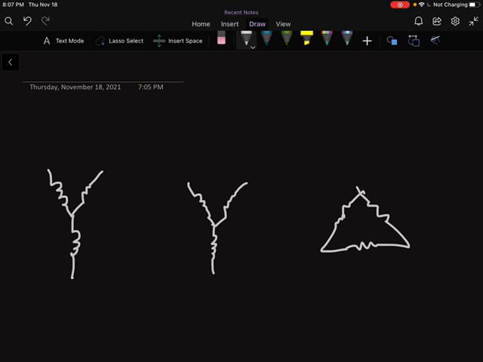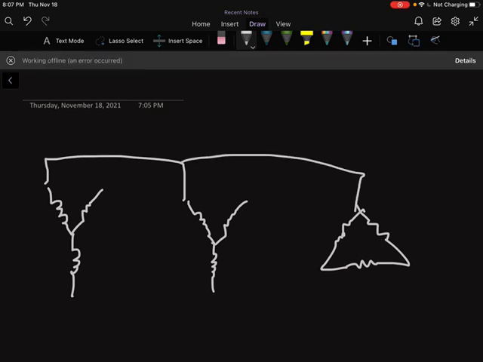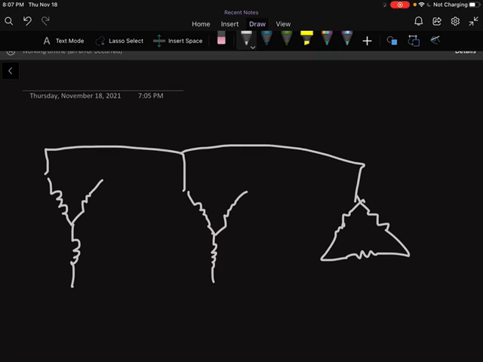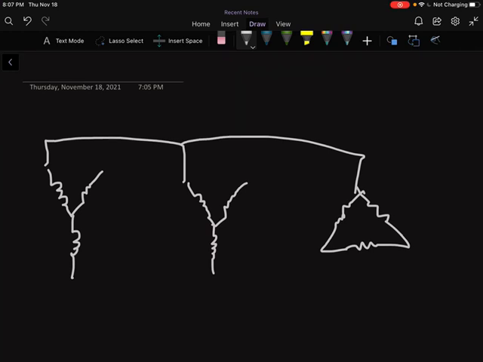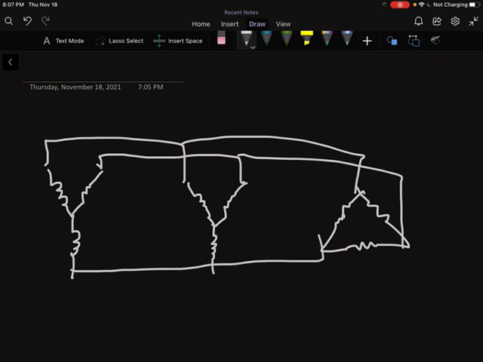I'll try more and more to not have all the lines in, because they can make things a little more congested. I'll just draw these across the bottom, and we'll try and make this as easy as possible.